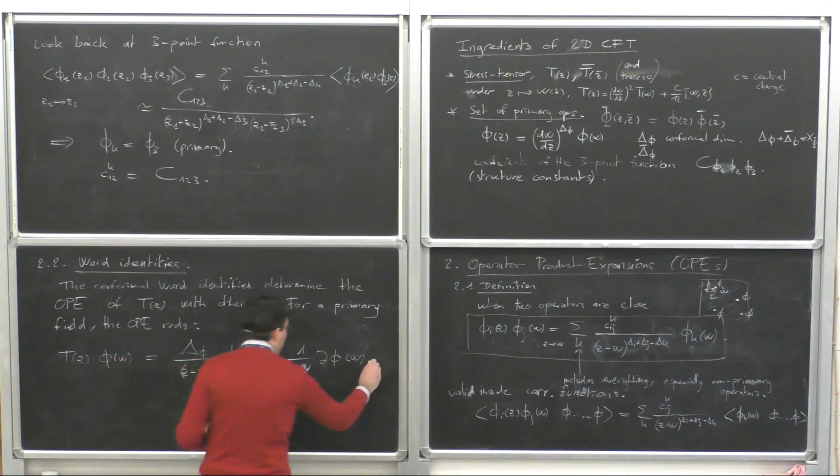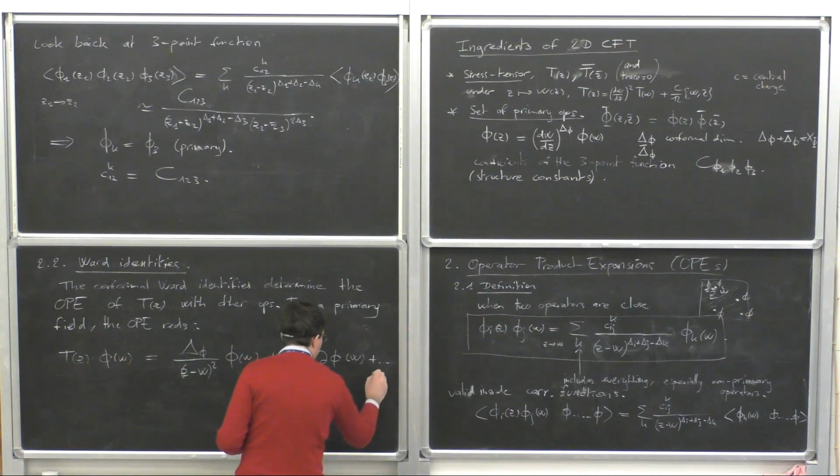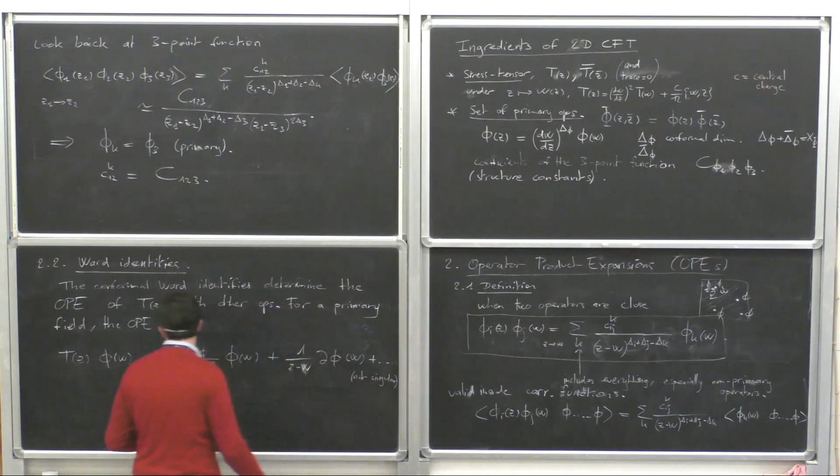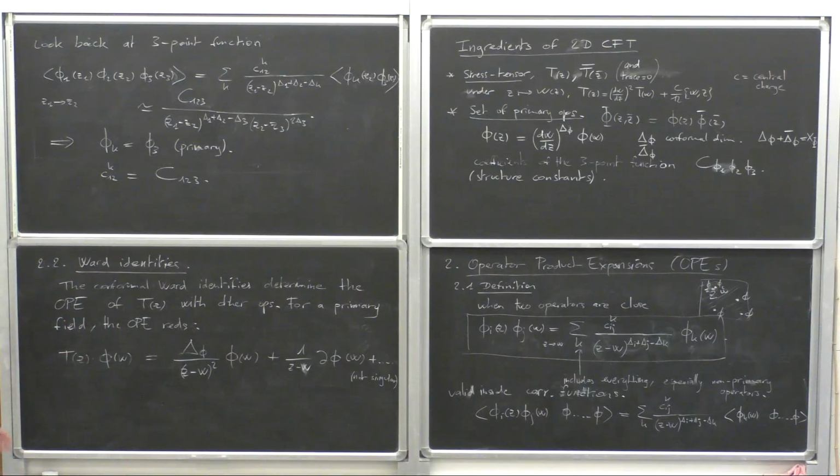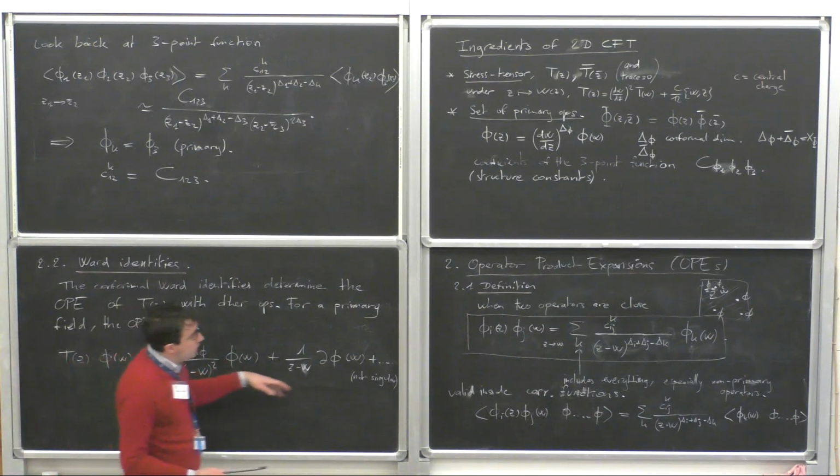And then there are other terms, but these other terms are not singular, so they have no poles. This is the standard way to write the operator product expansion.